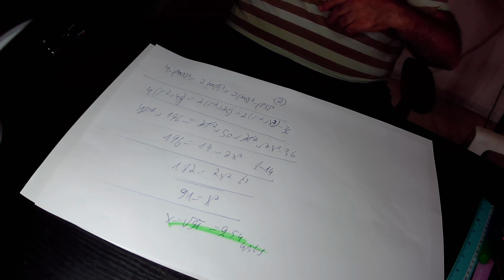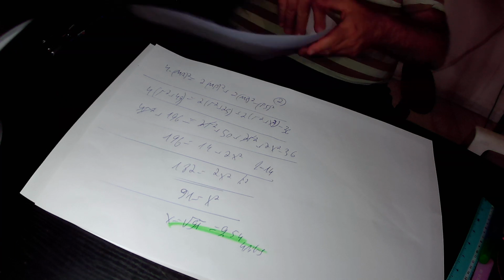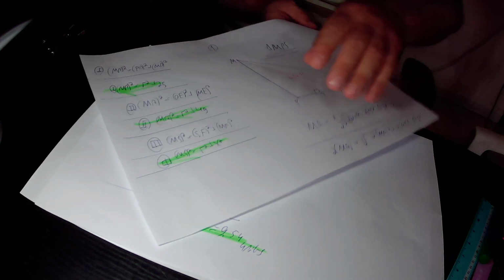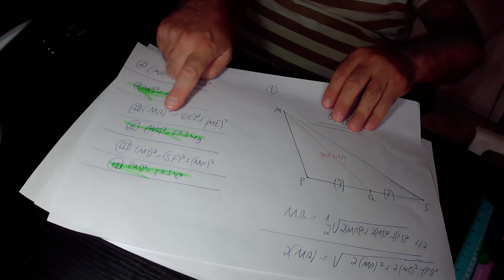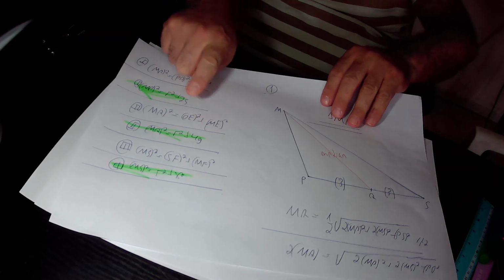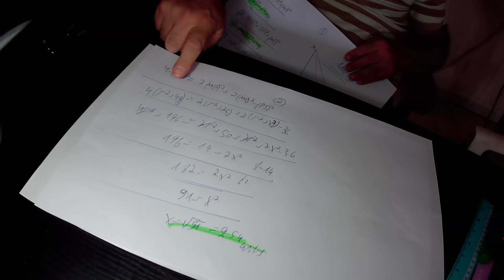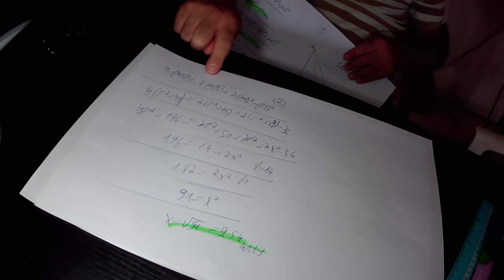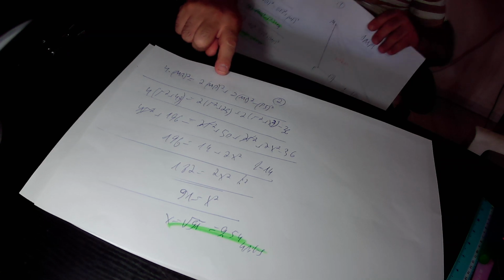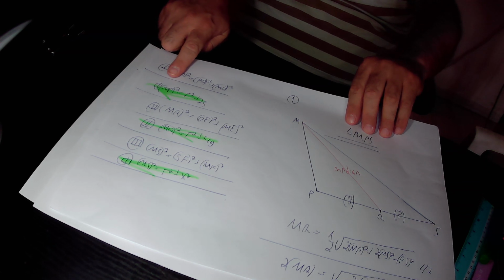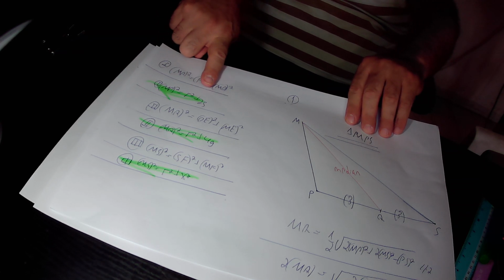But according to equation 2, MQ squared equals R squared plus 49. So we substitute MQ squared by R squared plus 49, and we have here 2MP squared. According to equation 1, MP squared equals R squared plus 25.